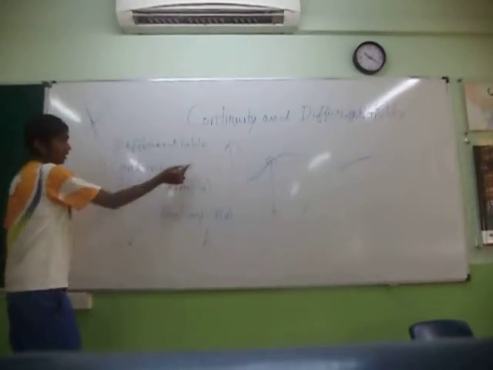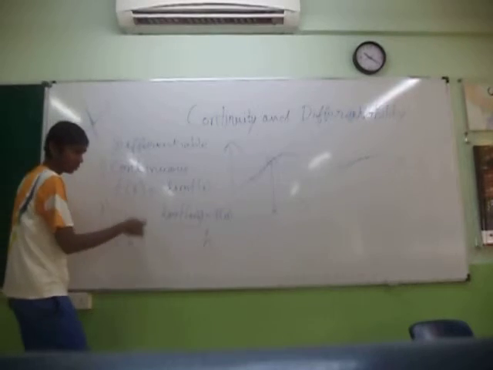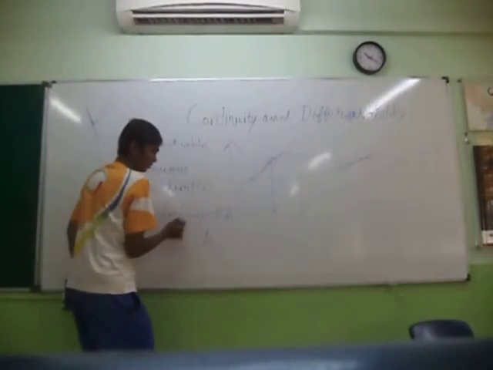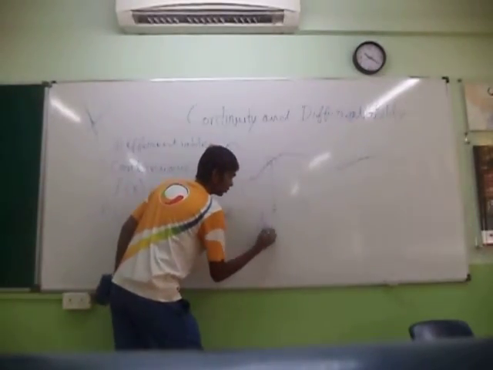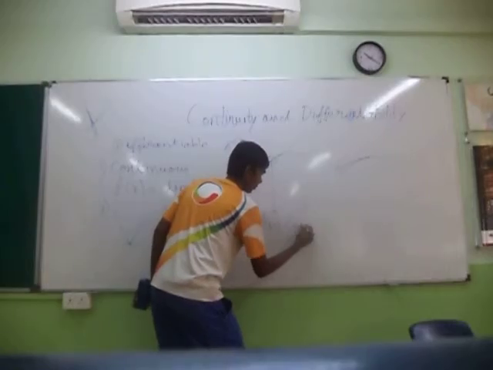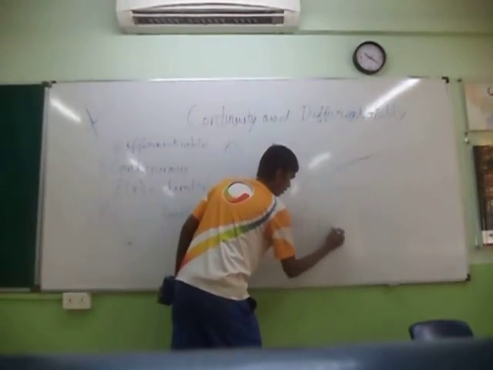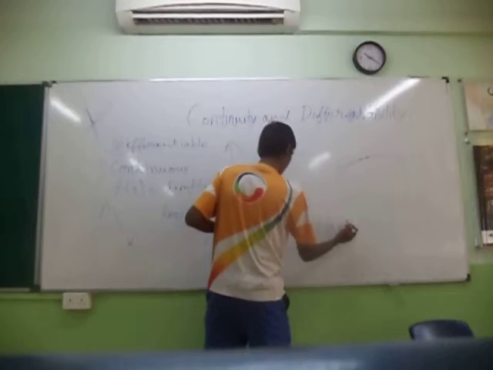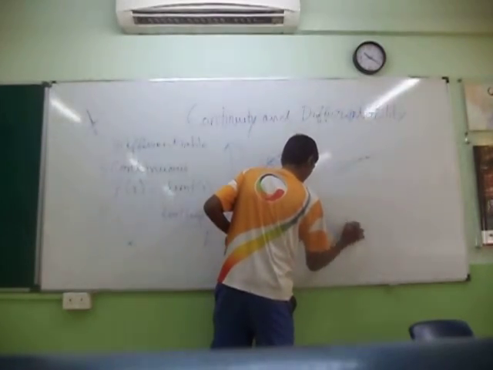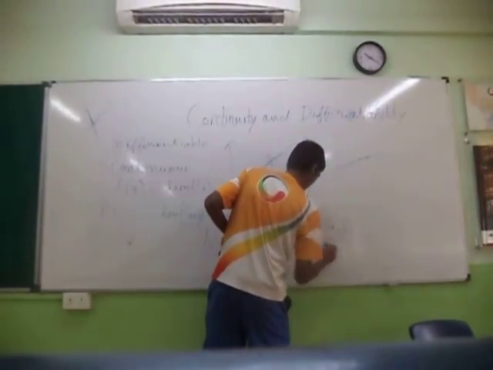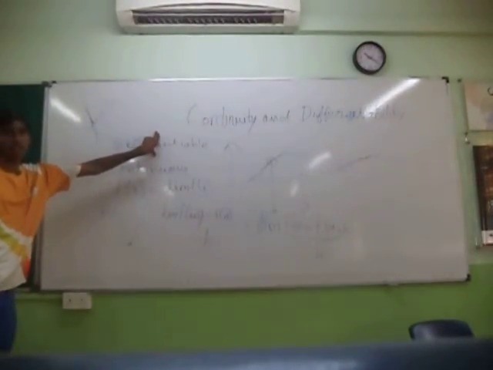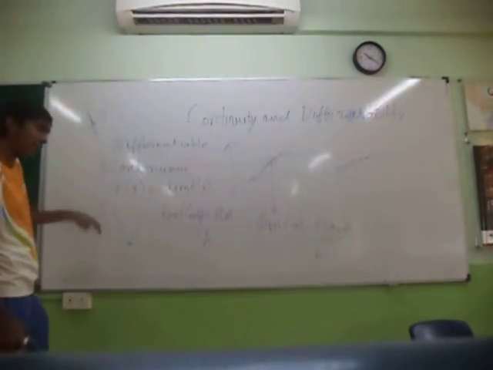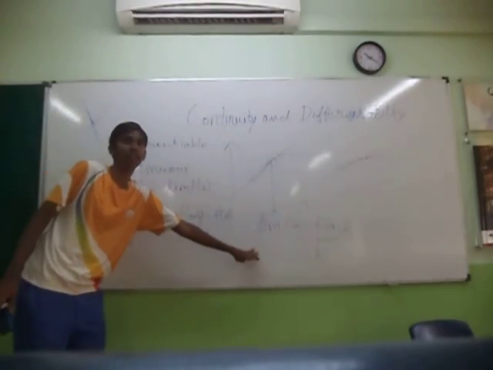So for a function to be differentiable, it has to be continuous and it should not have sharp points, which basically means the left hand derivative of the function should be equal to the right hand derivative of the function. So the conditions required for a function to be differentiable are that it should be continuous and the left hand derivative should be equal to the right hand derivative of the function.